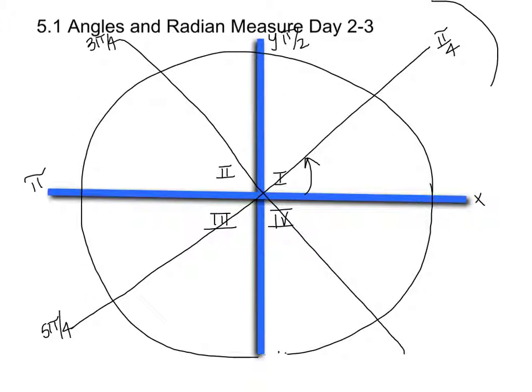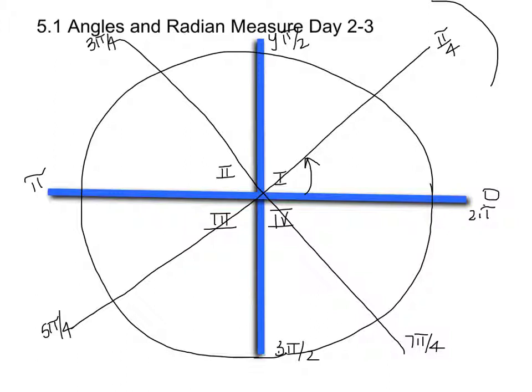You notice each time I'm reducing it. 7 pi over 4. And then 8 pi over 4, which would be 2 pi, which is also our starting point at 0. So 0 and 2 pi both start at the initial side here.